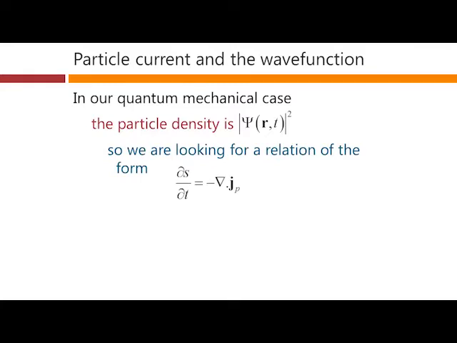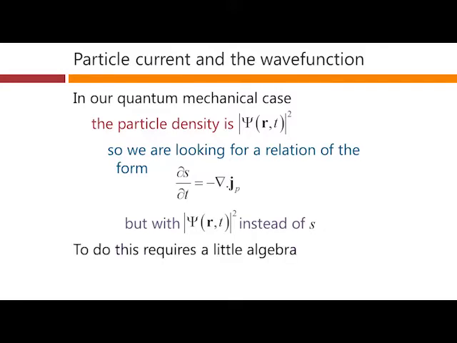So we are looking for a relation of this form, but where we have the modulus squared of the wave function in here instead of S. And what we'd like to use that to do is to figure out what this quantity, this vector here, the particle current, is in quantum mechanics. To do this, we need to do some algebra, and there's a very clever little trick that we do algebraically at one point in here.